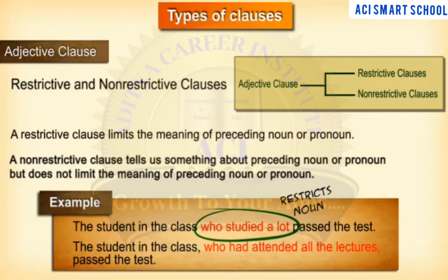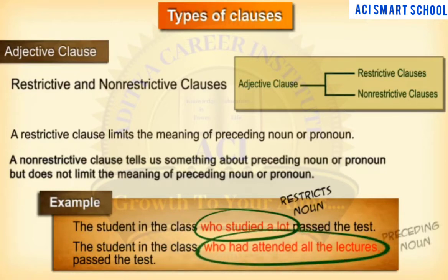In the second sentence, the clause who had attended all the lectures gives us information about the preceding noun but does not limit this information to the preceding noun. It means there can be several other students in the class who had attended all the lectures, hence it is a non-restrictive clause.